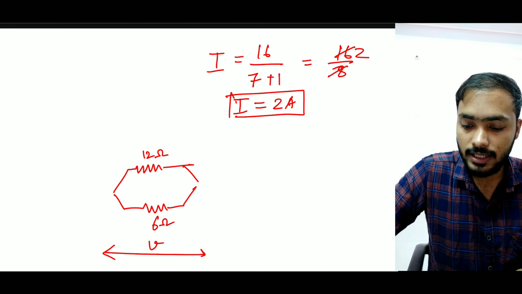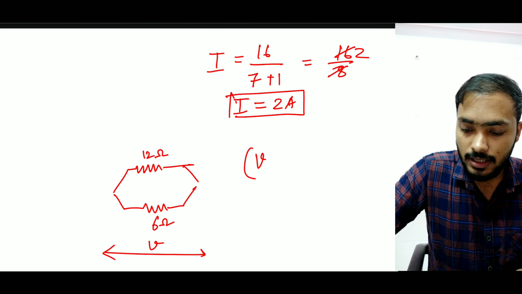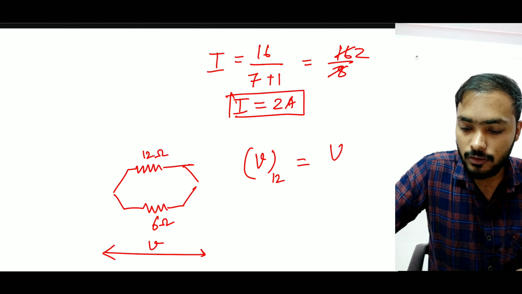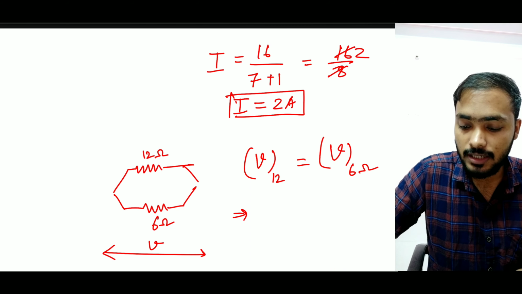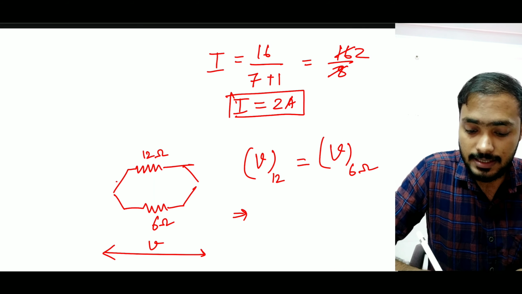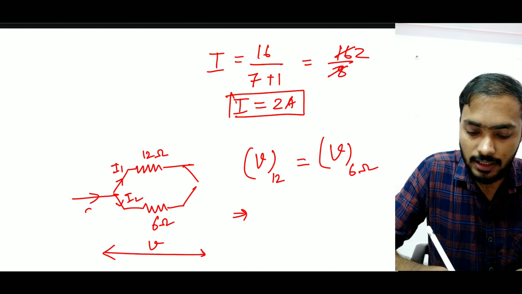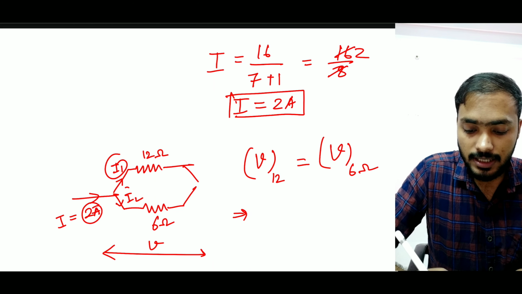So from Ohm's law I can write potential across your 12 will be equal to potential across my 6 ohm resistor. So I can simply write V is equal to IR. Let's say some I1 current flows here, some I2 current flows here, and the value of I is actually 2 ampere. I is divided into I1 and I2, right?